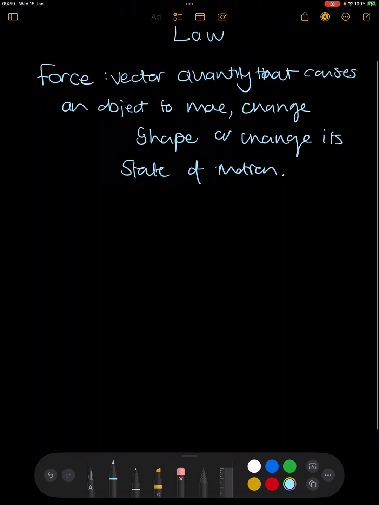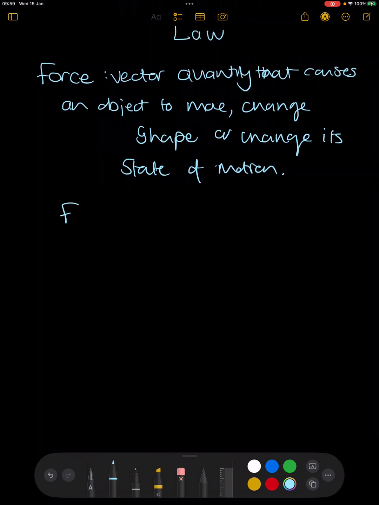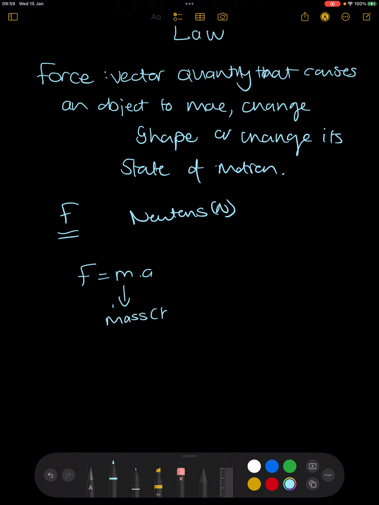The sign for force is F, and we always measure it in newtons. The sign for newtons is just N. The formula for force that we're going to be using in the beginning is F equals m times a, where my mass is always measured in kilograms.